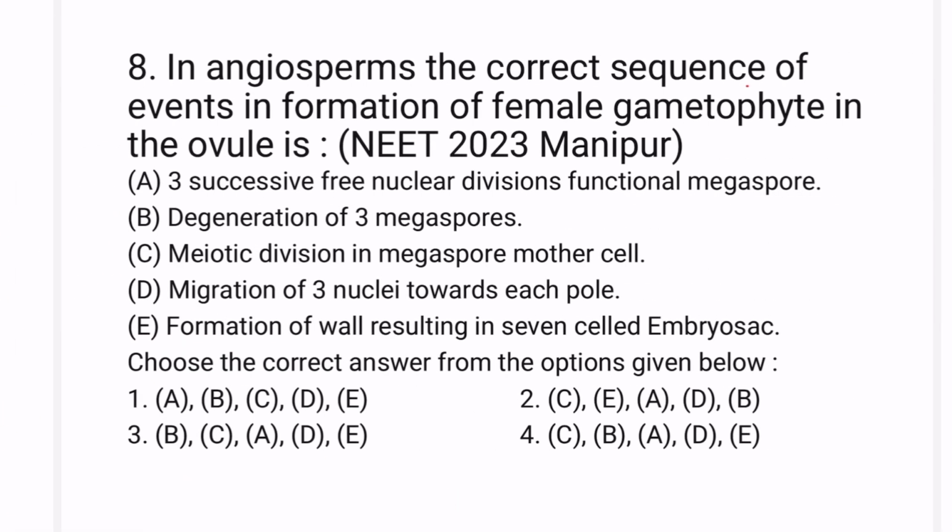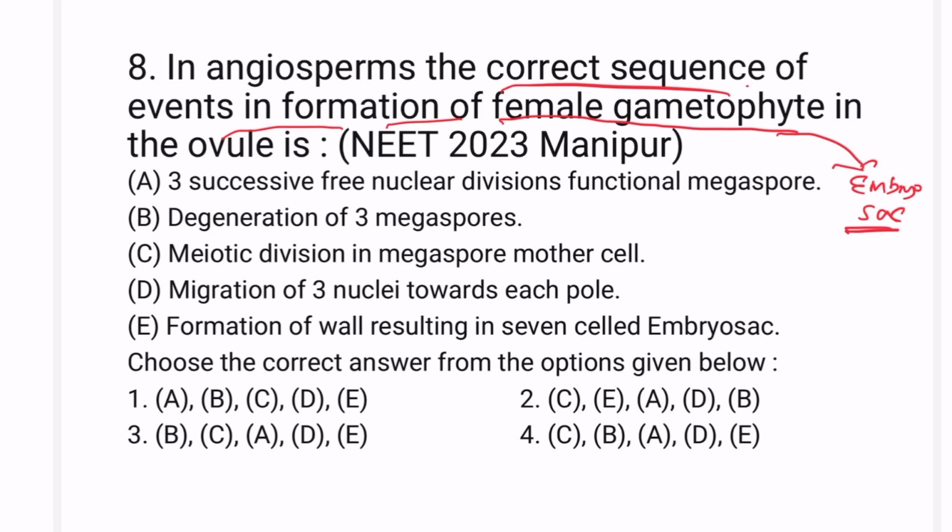Here the question speaks about the correct sequence of events in formation of a female gametophyte. What is this female gametophyte in angiosperms referred to as? Female gametophyte is nothing but the embryo sac. They are asking about the correct sequence of events in the formation of the embryo sac inside the ovule.